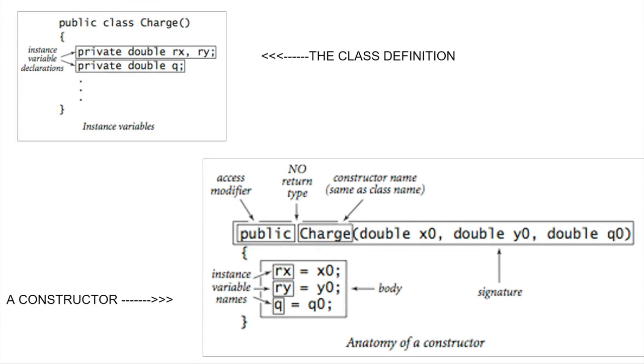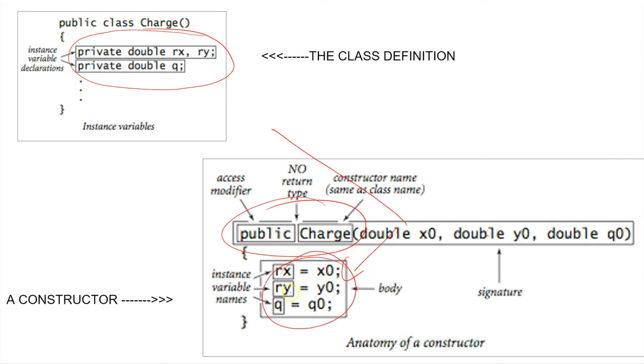So this is the class definition, and here are the instance variables at the very top of the class. They're outside the scope of any method, and they're private, so they can't be accessed from outside the class, but they can be accessed from my constructor here. In my constructor, I'm going to receive 3 variables, and I'm going to set the values of those variables, and they will take effect in the whole class.